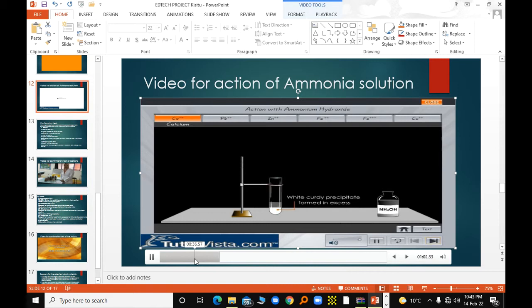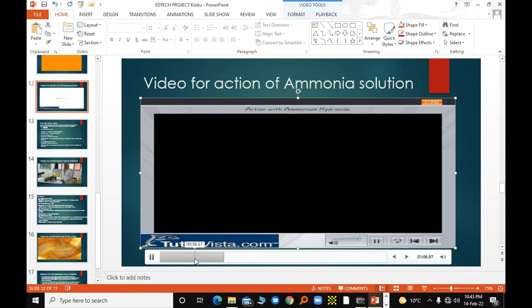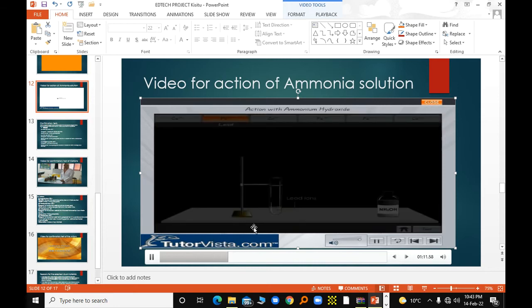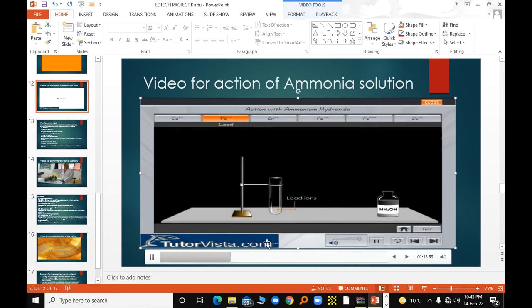So when they move to lead ions, when you add ammonia solution, it has formed a precipitate down.